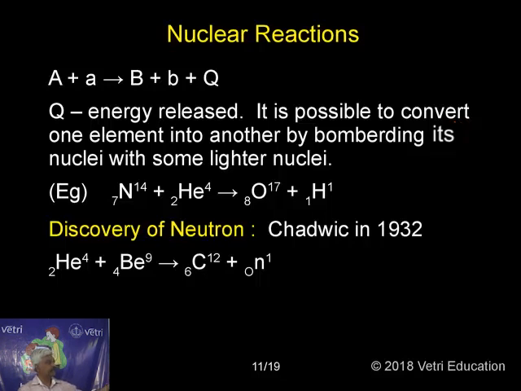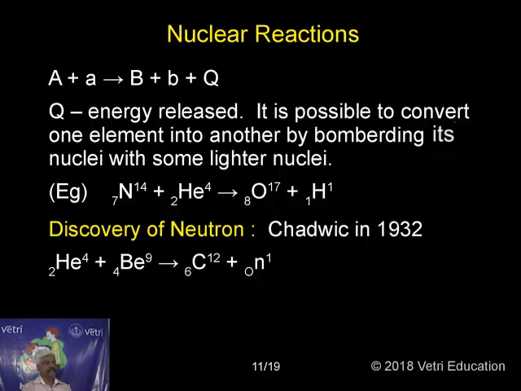Just like our nitrogen bombarded with an alpha particle, beryllium, 4Be9, bombarded with an alpha particle becomes carbon, 6C12, with the emission of an additional particle, 0n1. At first they thought some additional rays came from the nucleus, due to alpha or beta particles. But the energy of that new particle did not match with that.